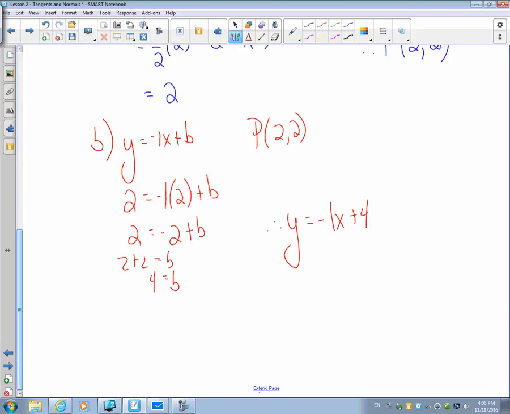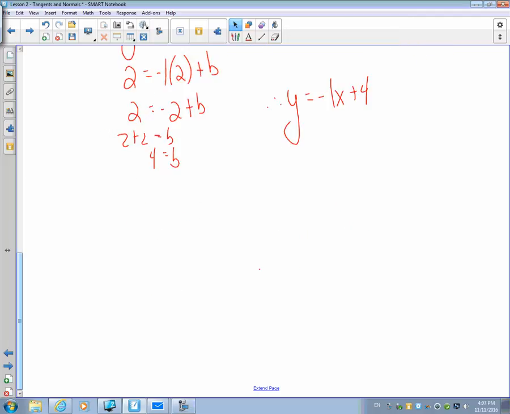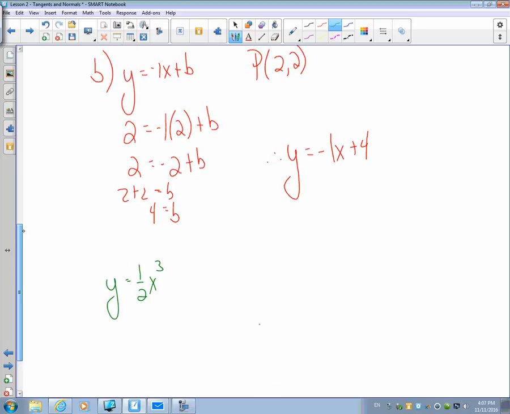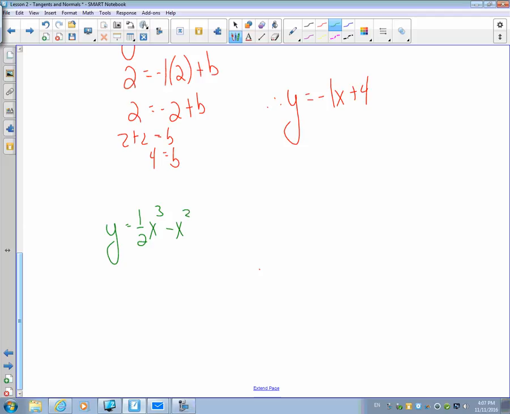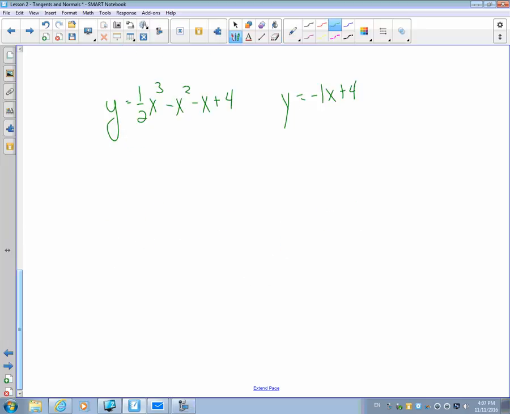We do a POI. So our initial equation was y equals 1/2 x cubed, minus x squared minus x plus 4. Our normal equation is -1x plus 4. And I want to know where these two things are equal. So let's figure out where they equal each other.